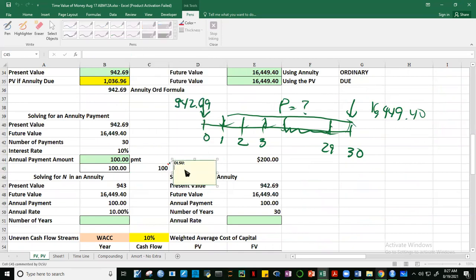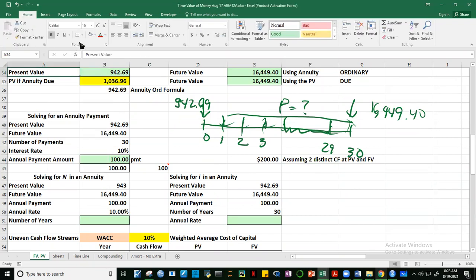Insert comment: using the formula, assuming two distinct cash flows, PV and FV. Naglagay lang ako, guys, ng notes. Isisend ko kasi sa inyo ito so that you know, plus of course yung recording, in case you want to review this.